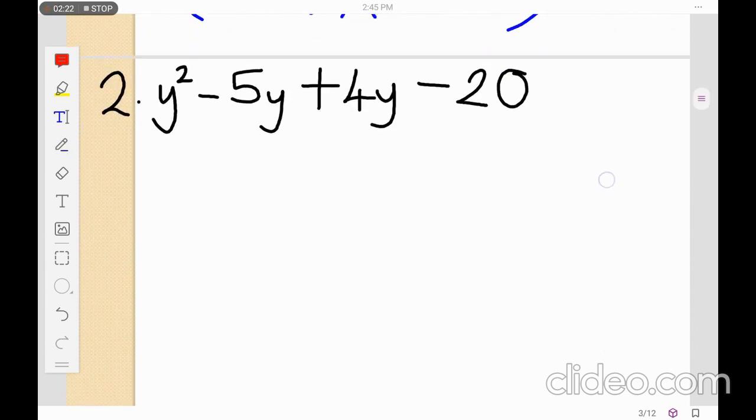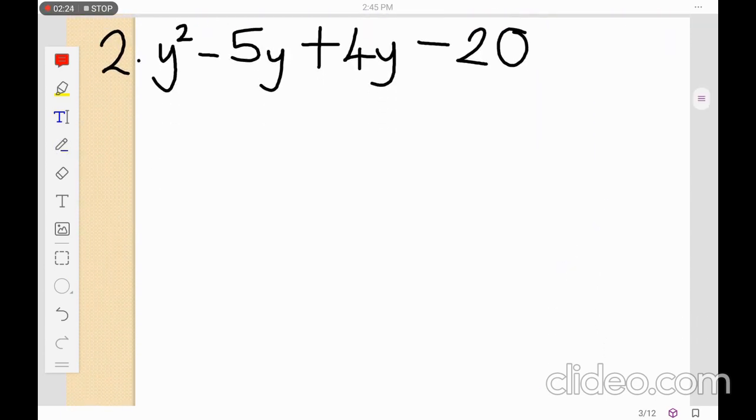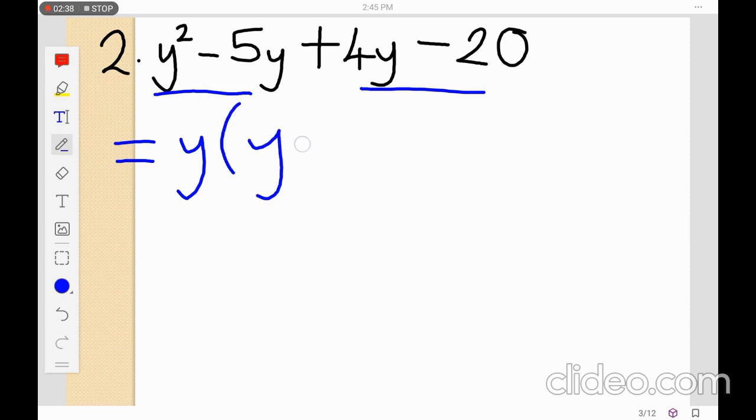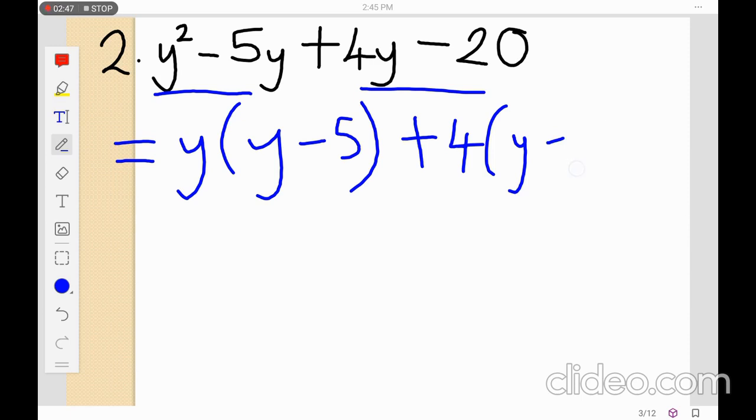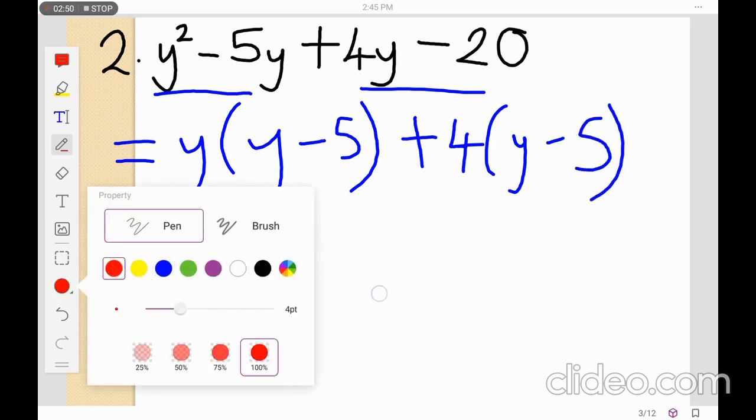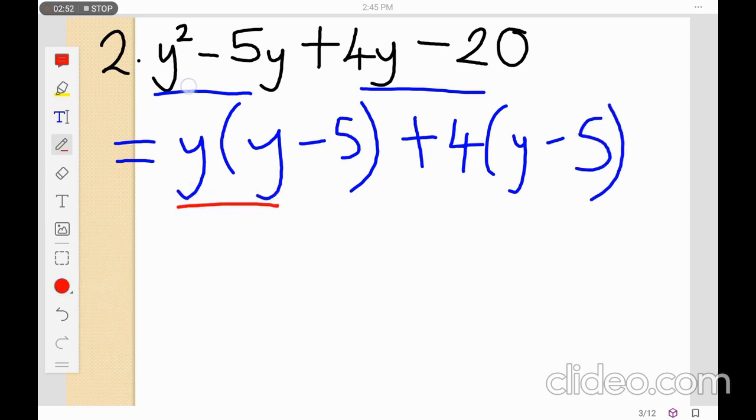Let's have another example. Okay, here I've got these numbers then. I think this one I can work it out as it is. I can factorize there, I can factorize there. So I will take out y here and remain with y minus 5, like that. On the second one, I can take out plus 4 and remain with y minus 5 there. Okay, so what we are doing here, if we multiply this term, we should get y squared, like that.